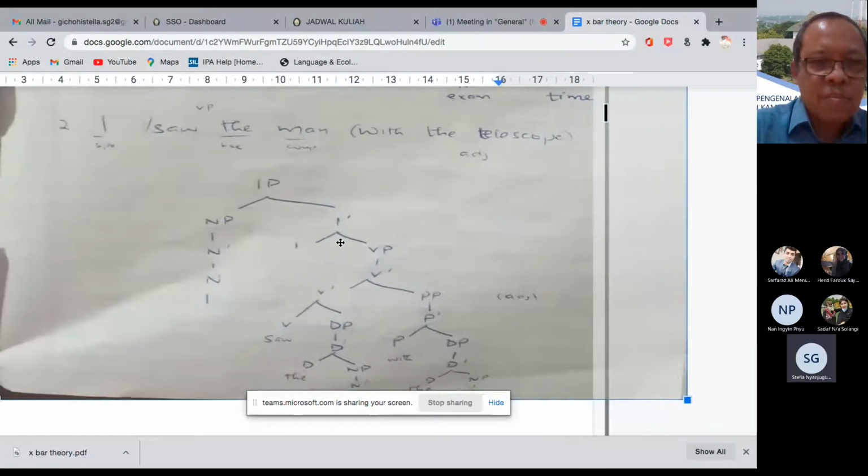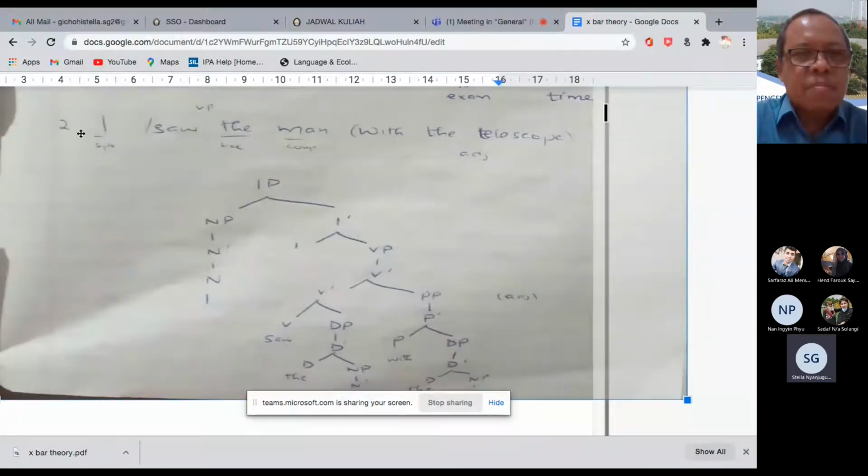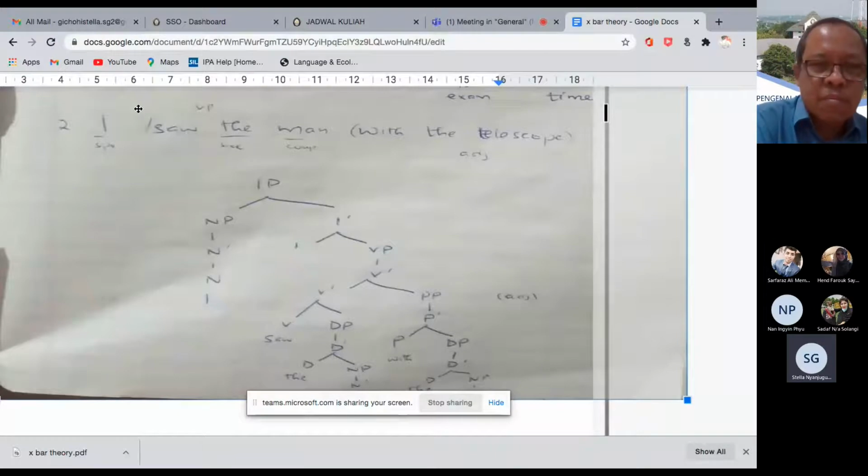Okay, so this one, first you have to understand where the specifier I is, then you have the man with the telescope. So first you get the complement and the adjunct. Our verb predicate begins where we have the man with the telescope. In the drawing part, first of all, I saw the man.